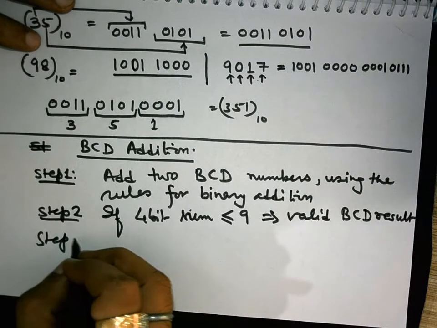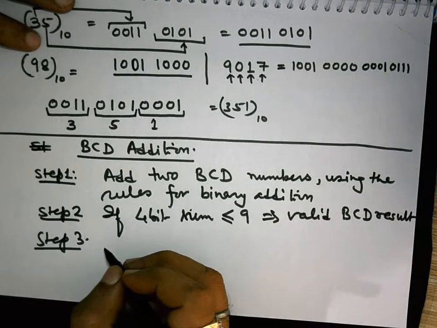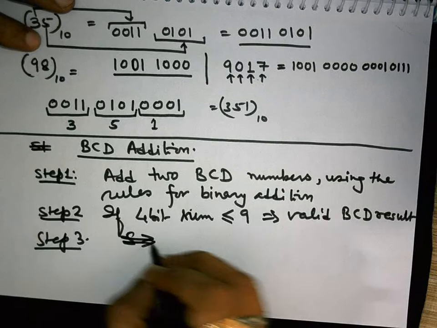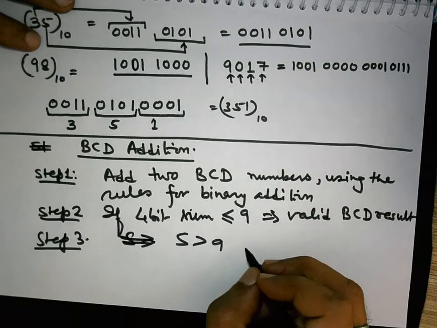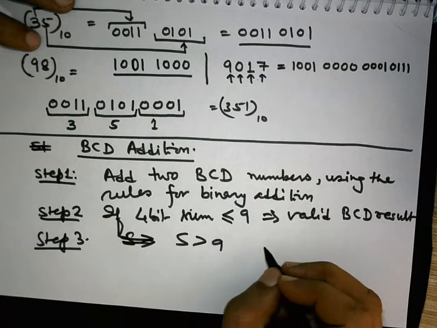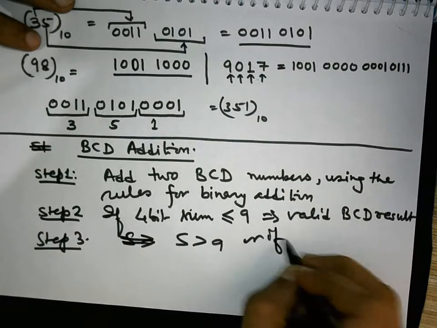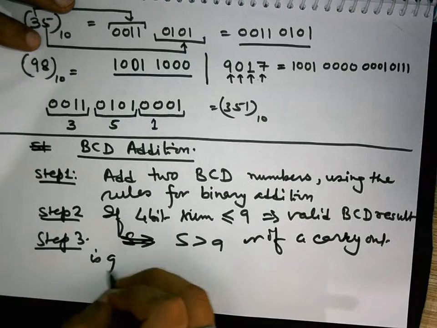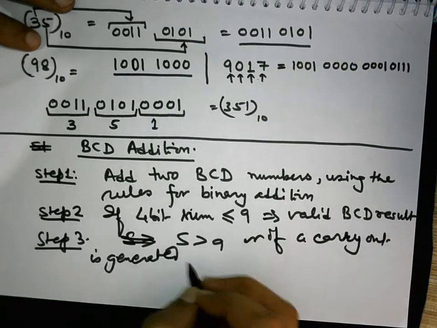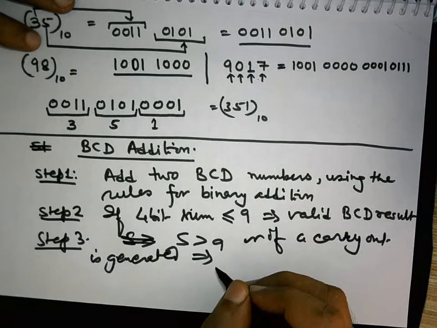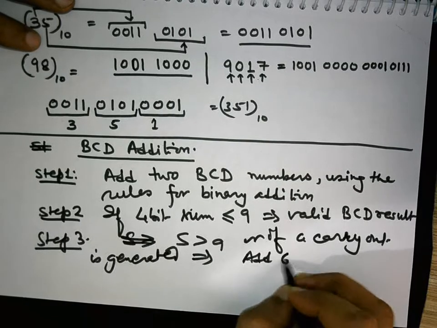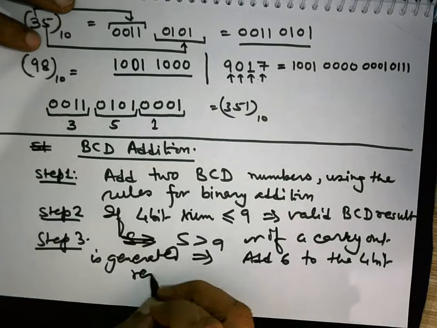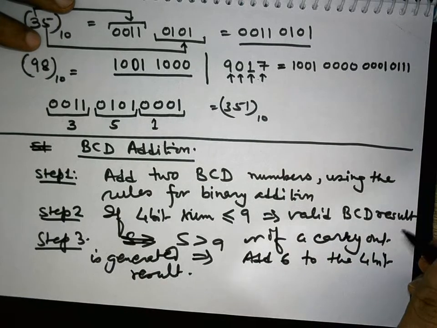But if the sum obtained is greater than 9, or if a carry out is generated out of the 4-bit group, then we add 6 to the 4-bit result to get the correct result in BCD form.